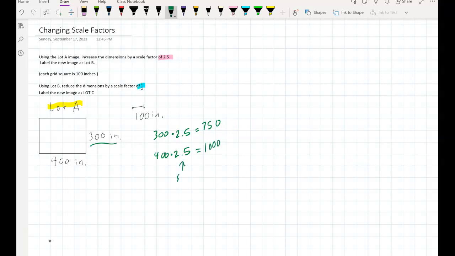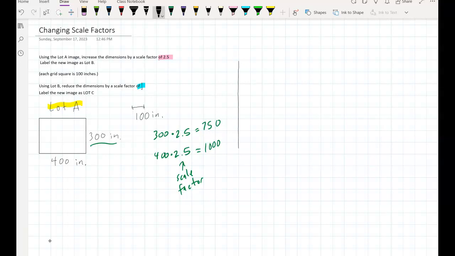And remember, this was our scale factor. So now that means that we need to draw a new box, a new lot, that is 750 by 1,000. Every one of these squares is 100. So let's see, we're going to go 1, 2, 3, 4, 5, 6, 7, and half of another one.